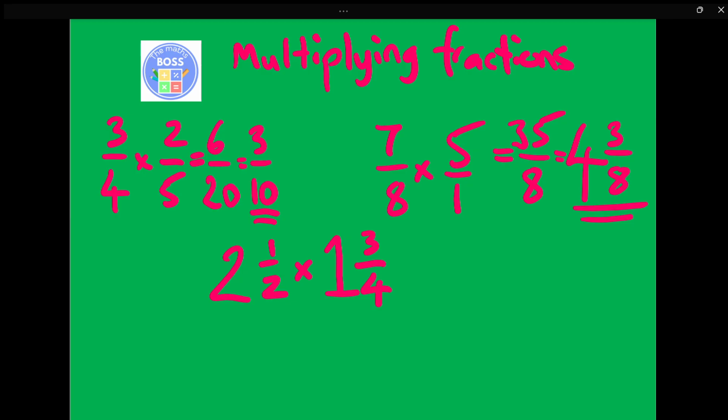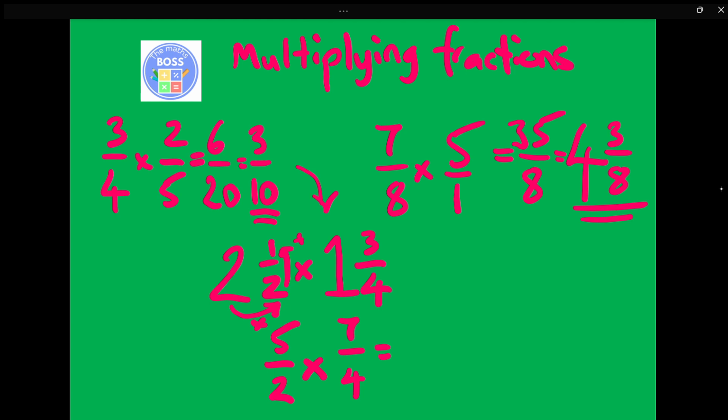To change to improper fractions, we do the big number times the bottom, 2 times 2, and add 1 as a shortcut. 2 times 2 is 4, add 1 is 5. So it's 5/2 times. In the same way we change this one, 1 times 4 is 4, add 3, 7/4.